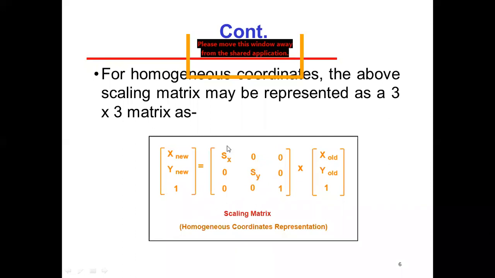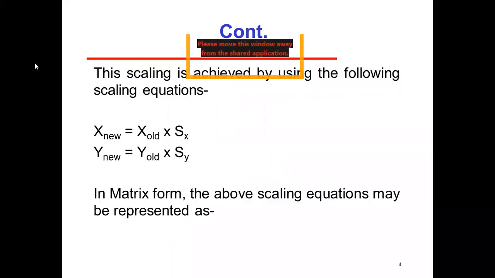You will get three equations, and the third one is 1 is equal to 1.